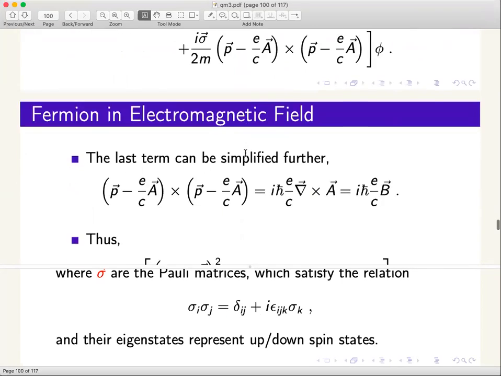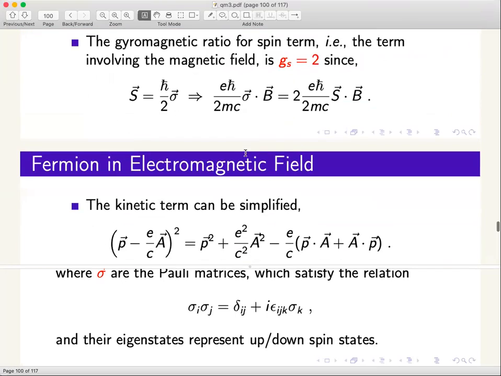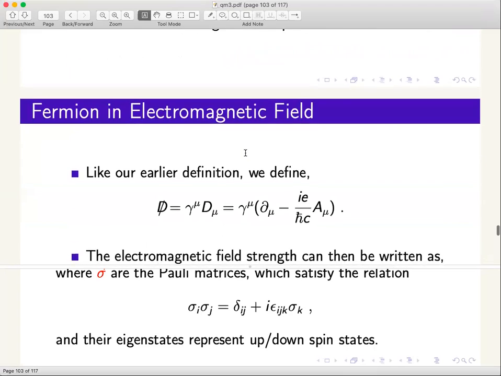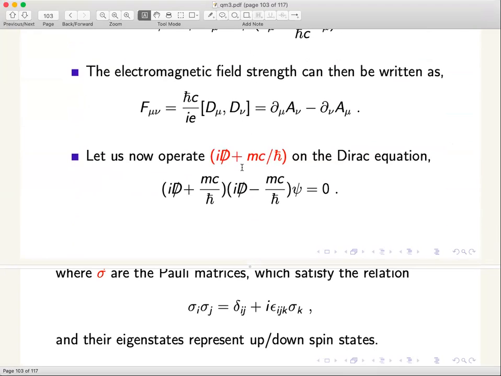We'll have to do something similar when we do the manipulation of the product of two d slashes. So you have a d slash here and a d slash here, so you get gamma mu d mu, gamma nu d nu. You get a gamma mu here and a gamma nu here, and you need to write down simplified expressions for these quantities.